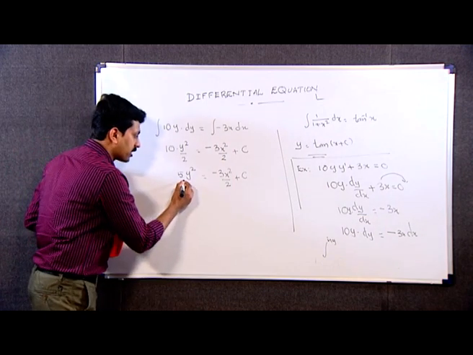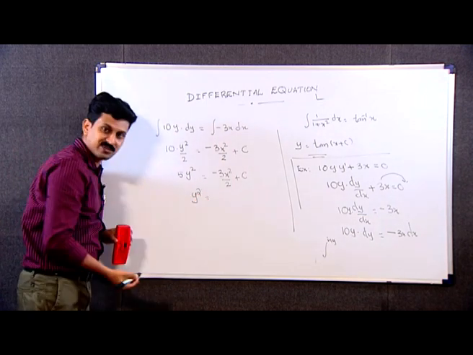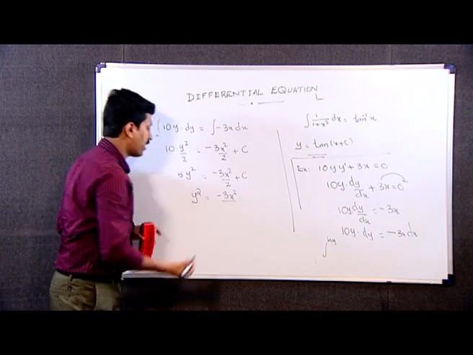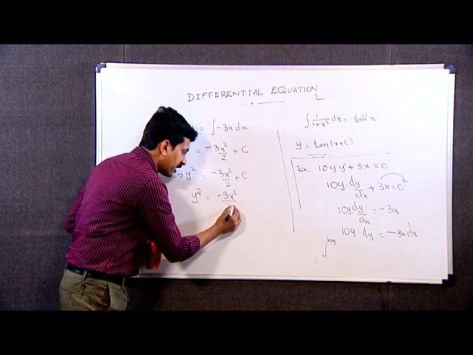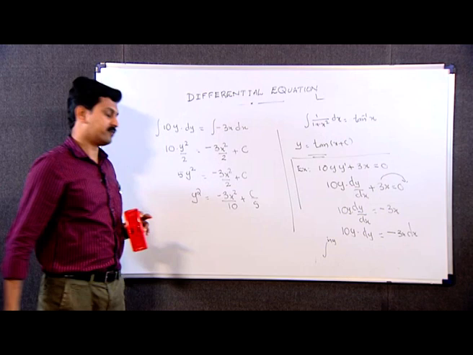Maybe we can take this 5 to the other side, and that is y square is equal to minus 3x square divided by 10 plus c divided by 5.